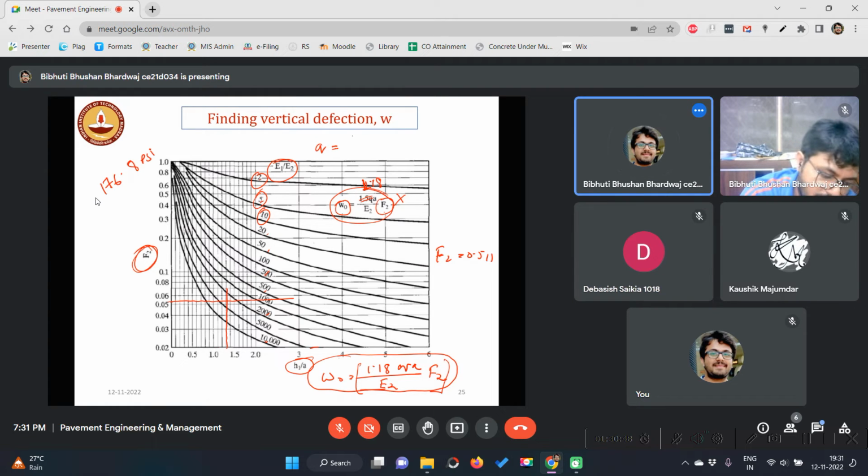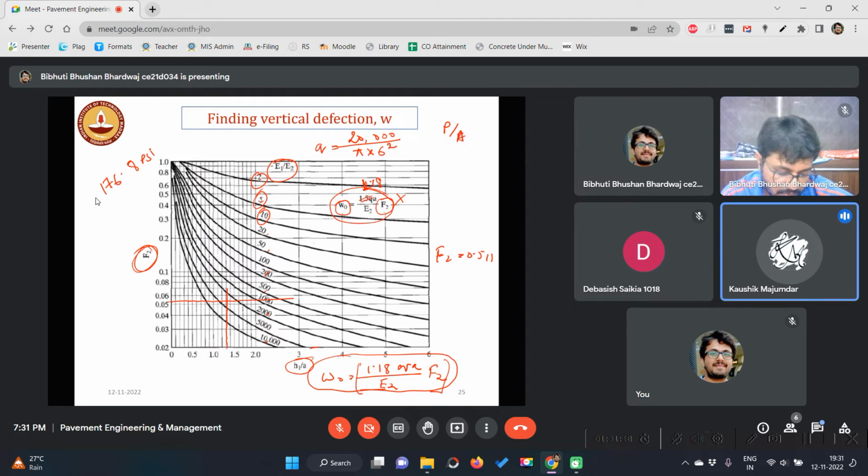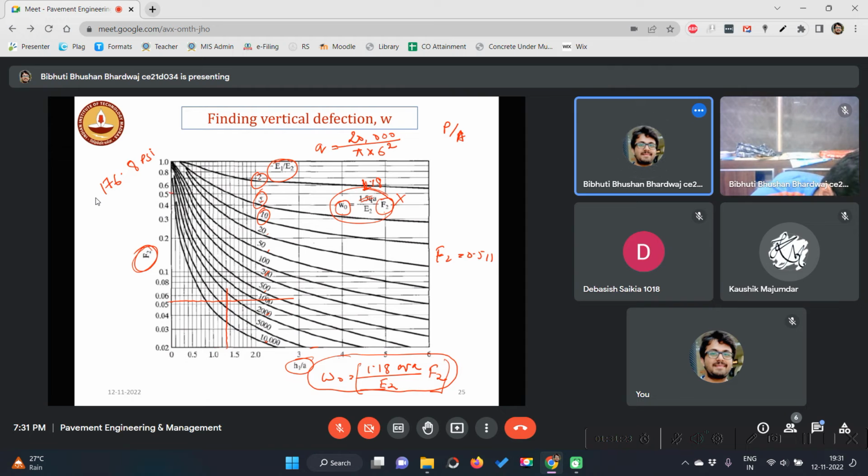Simple, P by A is Q. So it's 20,000 divided by area, which is pi r square, pi a square. A is almost 6. Yes, sir. F2 is coming out as 0.5112. Okay, so 0.511. So somewhere here.